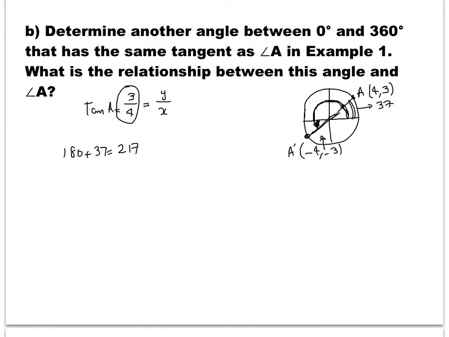This is our new angle here. Now the question is, what is the relationship between this new angle and our original 37 degrees angle? The relationship is that the difference between these two angles is 180 degrees, because 217 minus 37 is going to give you 180 degrees.